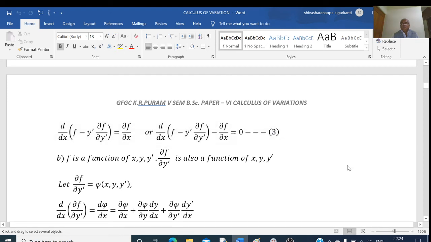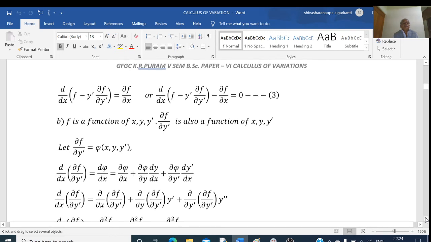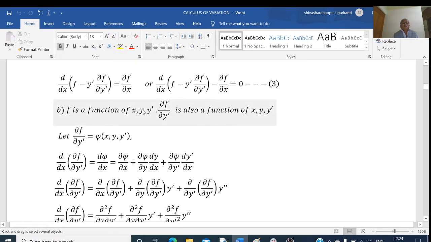Okay. Now another form. f is a function of x, y, y'. Therefore ∂f/∂y' is also a function of x, y, y'. For my convenience, let me denote ∂f/∂y' equal to pi of x, y, y'.